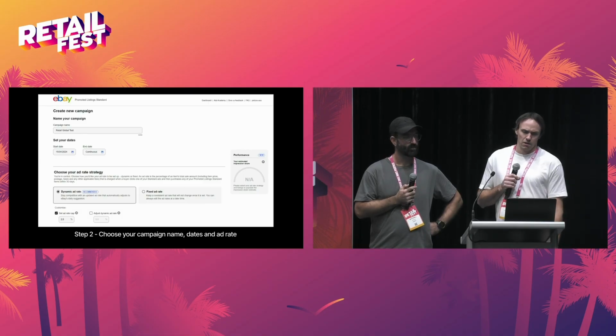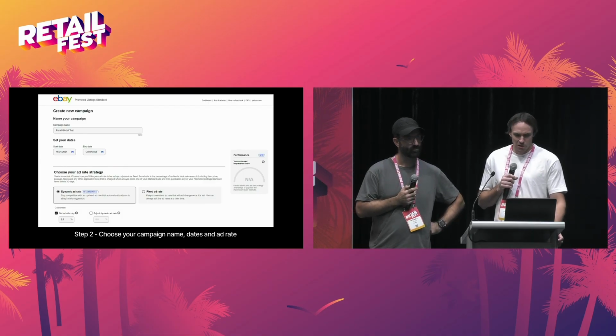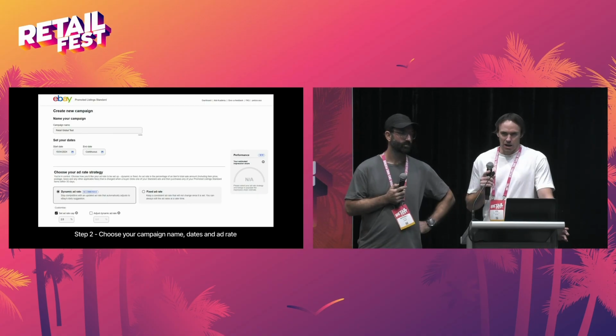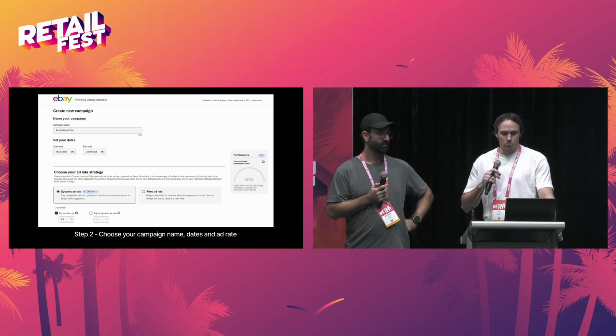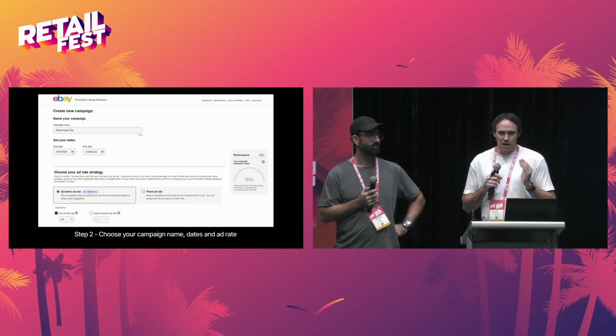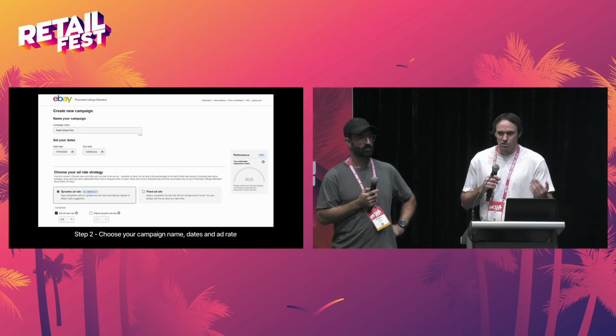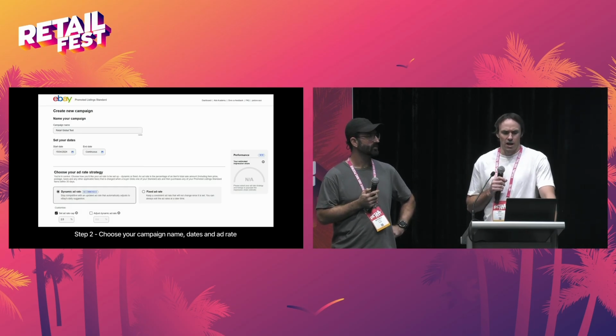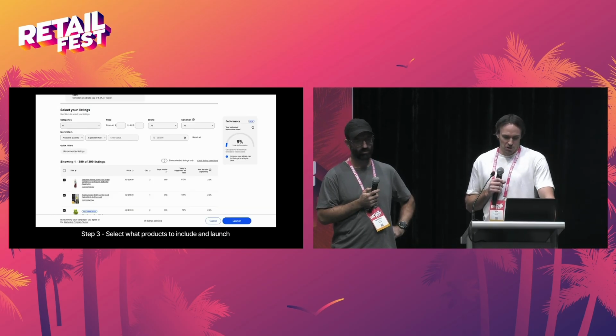I think the minimum is 2.1%, but whether this is a hack or not, you can play around with different percentages. Other people might have 2.1%, so you can put it at 2.2, so you're slightly above. But I've tested it with higher ad rates up to 5 or so percent, and it didn't really bring much more traffic. So 2.5 seems to be the sweet spot. And then you just launch it. So super easy to do.